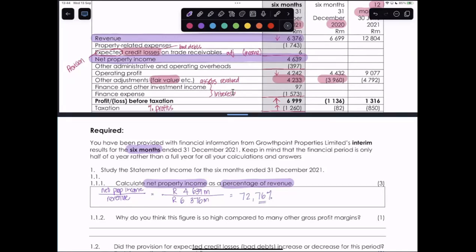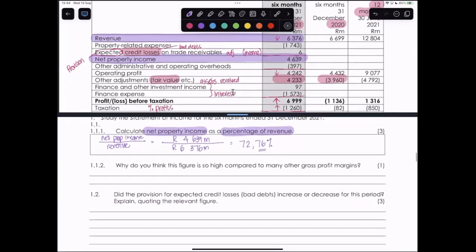What do you think that equates to? Have a look at the next question. Why do you think this figure is so high compared to many other gross profit margins?